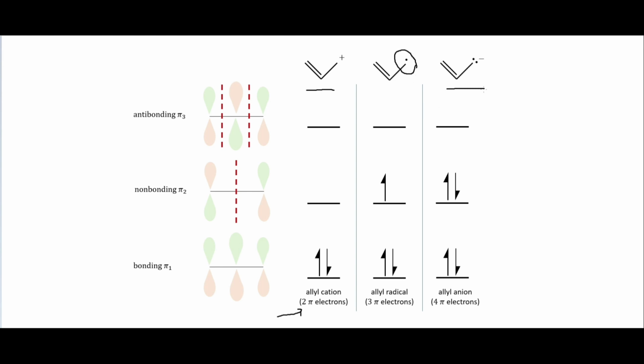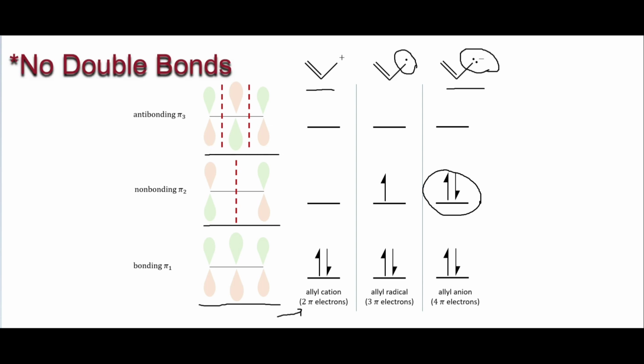And with the anion, we end up with 2 right here in the non-bonding orbital, and so that would just be our 2 electrons there that are not engaged in a bond. So we see here we have this as the bonding orbitals. The non-bonding has this 1 node going through the central carbon there. Then the anti-bonding is right here, where that would give us no bonds going on there.